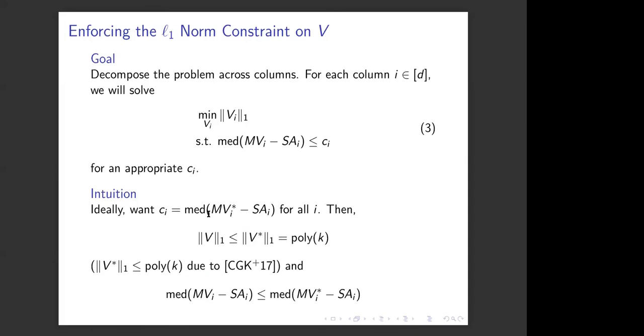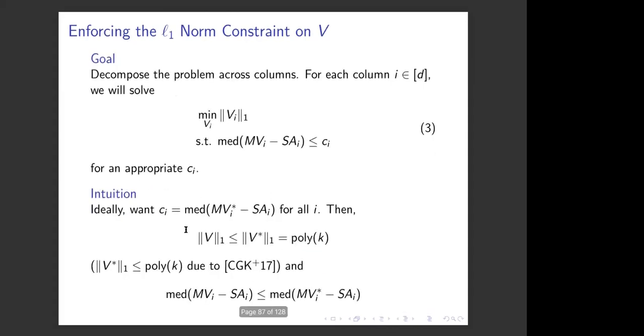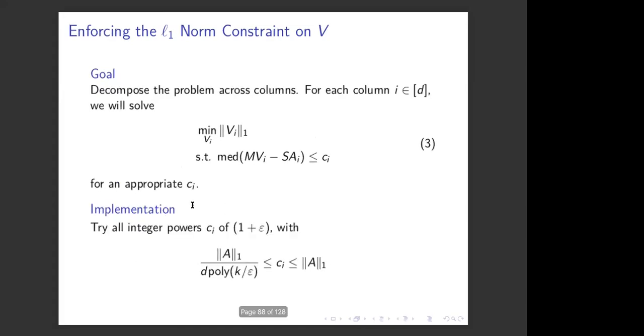That's why it's valid to use that as the cost bound. But we don't actually know V star, so we don't know this quantity. We can just guess all powers of 1 plus epsilon, and we'll get within a 1 plus epsilon factor of it. For the cost bound C sub j, we try all integer powers of 1 plus epsilon between this upper bound and this lower bound, and one of those powers will be within a 1 plus epsilon factor of the error obtained from V star.